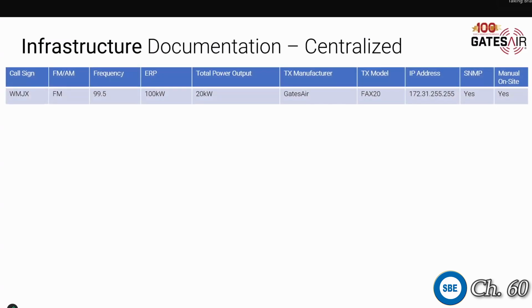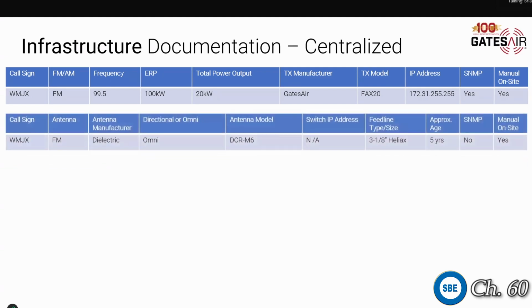So some documentation. This is just a simple Excel spreadsheet that a customer shared. He's got the station call letters, whether it's AM, FM, frequency, its ERP, what the transmitter is, the manufacturer, what the IP address is, if he could control it via SNMP, and whether there's a manual on site.